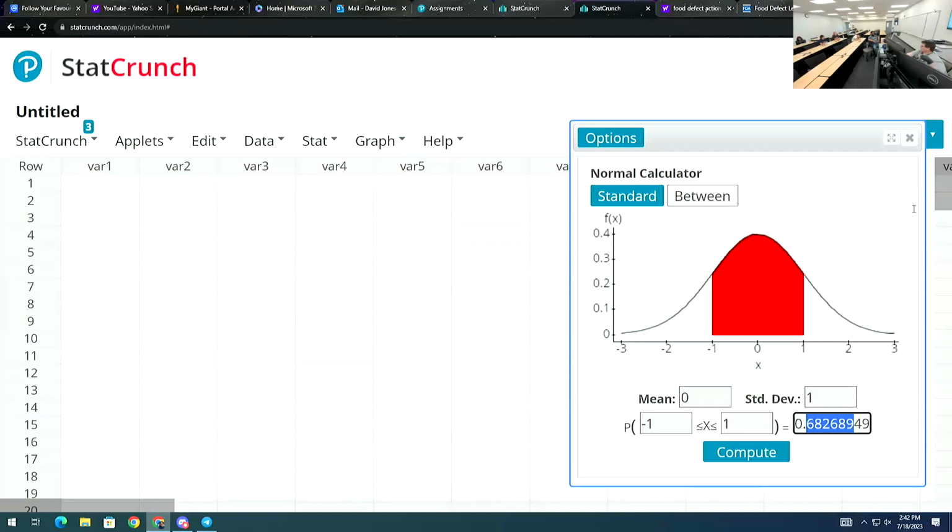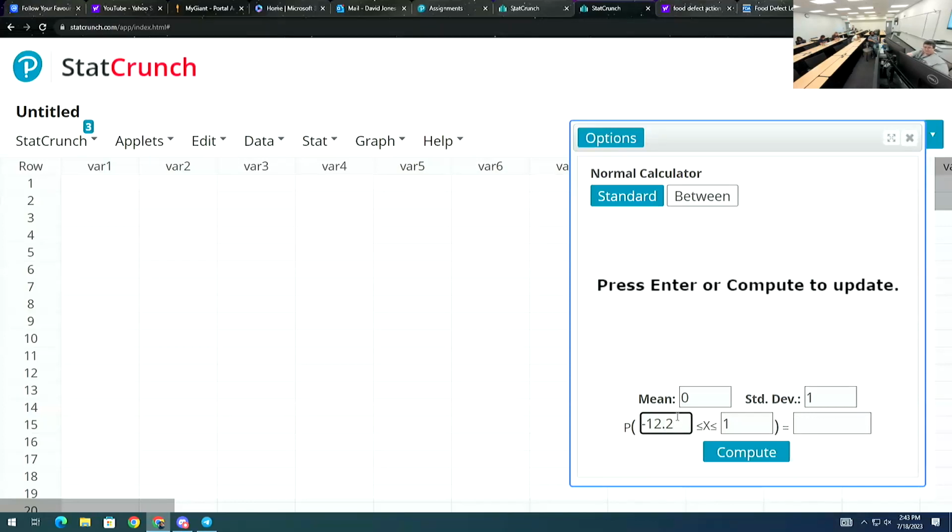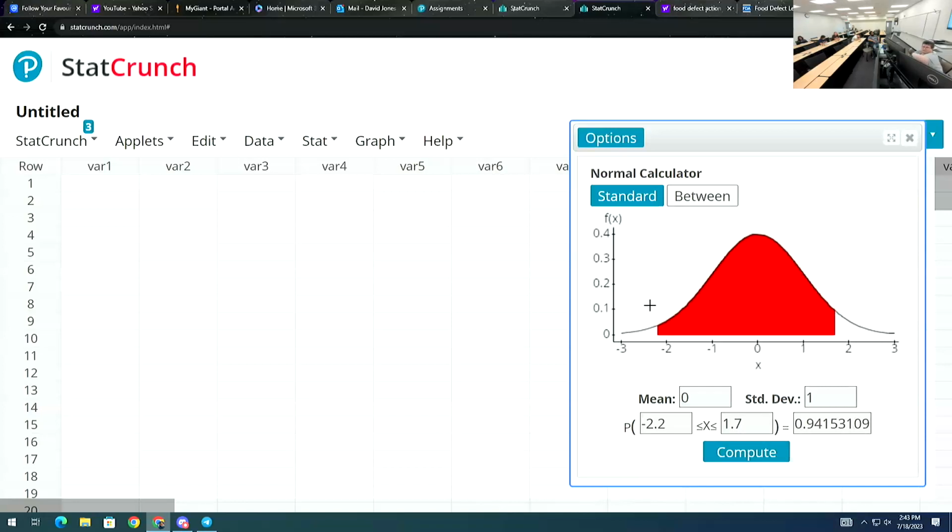And so we'll go over when you should use the empirical rule and when you shouldn't. What we were looking at was 2.2 to 1.7. And this is a big number, it's 0.9415.